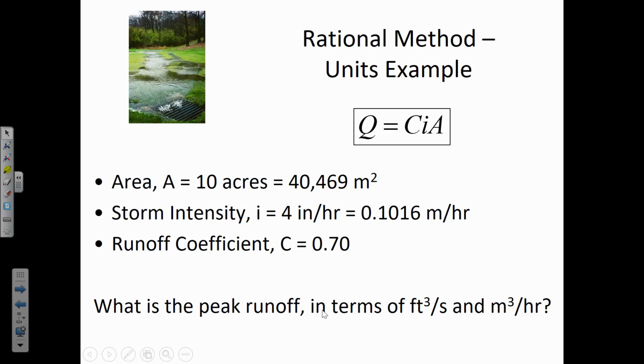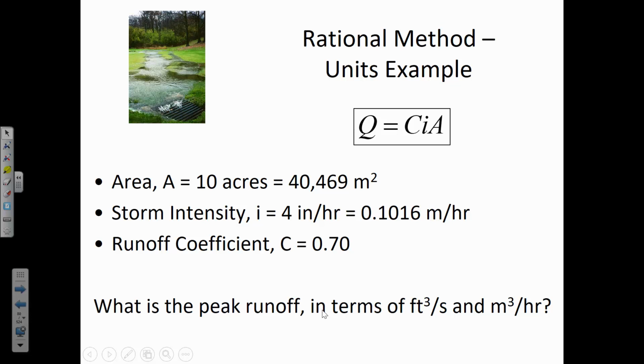I'm going to pause for a moment and allow you to calculate both in the traditional units and also in SI: what's the peak runoff for a watershed that has an area of 10 acres (I've also said how many square meters that is to save you the conversion step), for a storm intensity of 4 inches per hour, or its corresponding SI units, and a runoff coefficient of C equals 0.7.